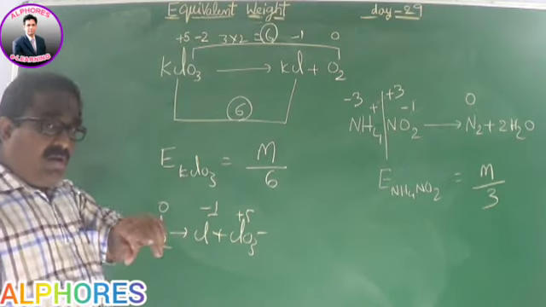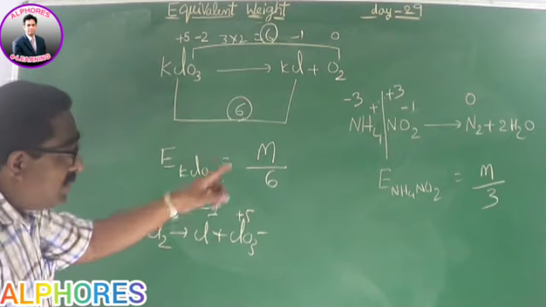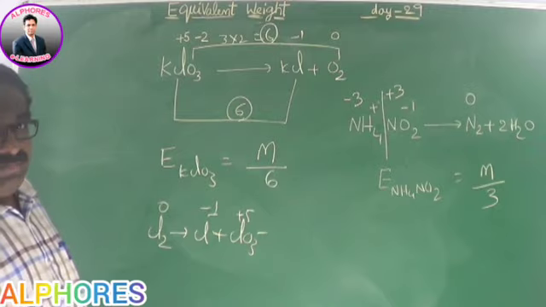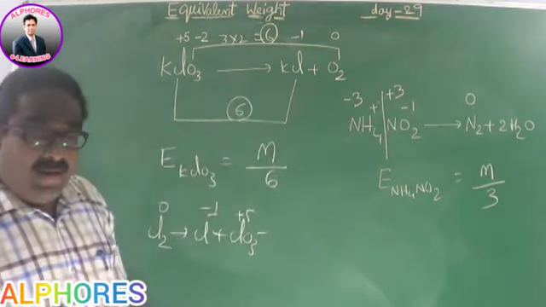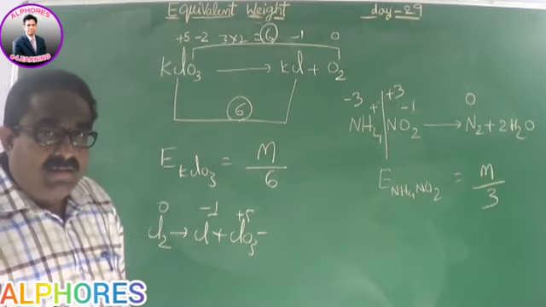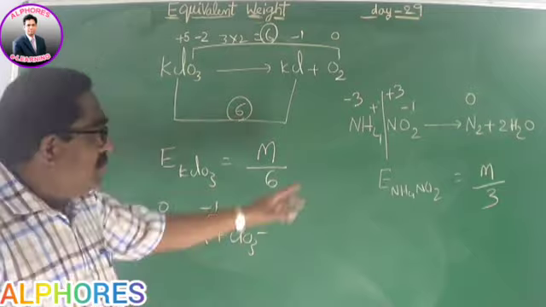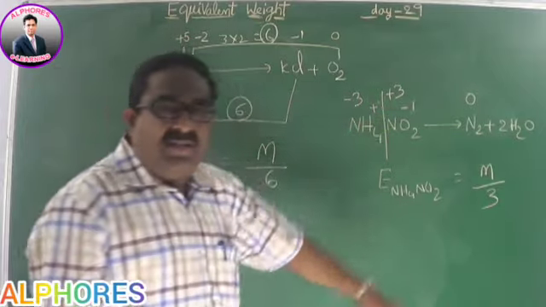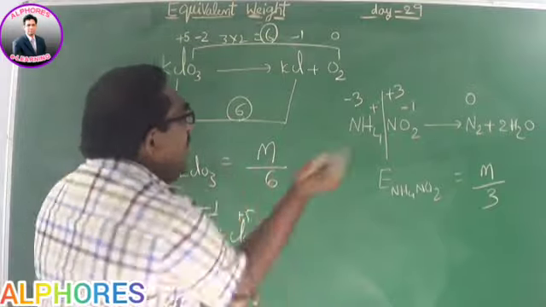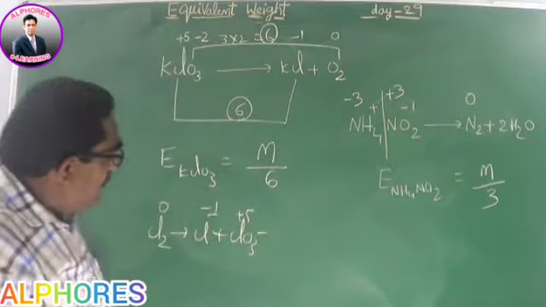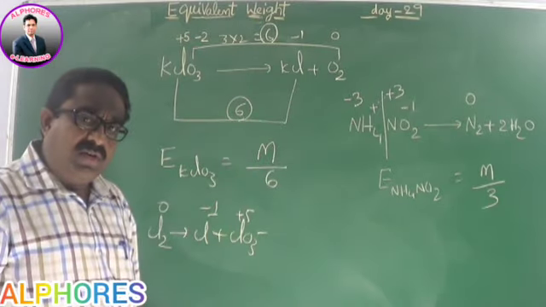So we call this reaction disproportionation. But coming to that reaction, even though the same nitrogen is undergoing oxidation as well as reduction, you are not supposed to call it disproportionation, because they are present in different oxidation states and belong to different species of the same molecule. That is the difference between these two equations. Don't get confused.